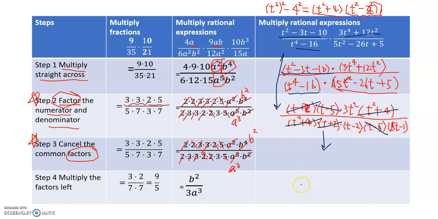So now we will copy down the final answer. The bottom we have t minus 2 times 5t minus 1. And the top, everything is crossed out except 3t squared. And we copy that. And the bottom we can leave as it is without multiplying out.